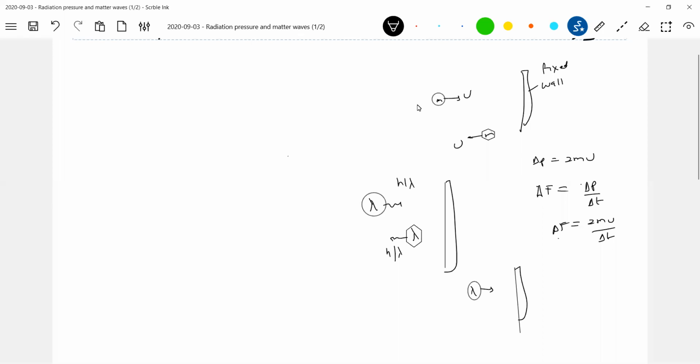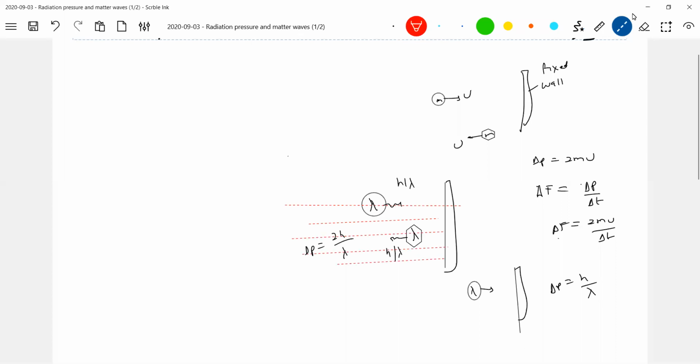In the reflected case, what is the change in momentum? 2h by lambda. In the absorbed case, what is the change in momentum? h by lambda. I think it's not a question of one photon. When a beam of light is incident, definitely millions of photons will come and strike. So continuously the photons will be striking. So the number of photons striking, the change in momentum per unit time, will become the force.